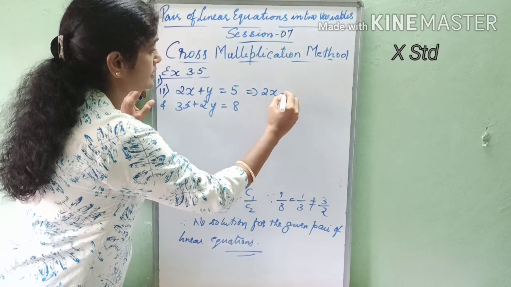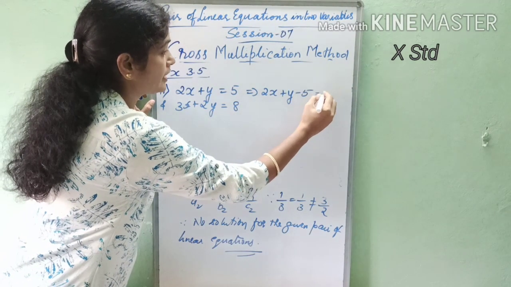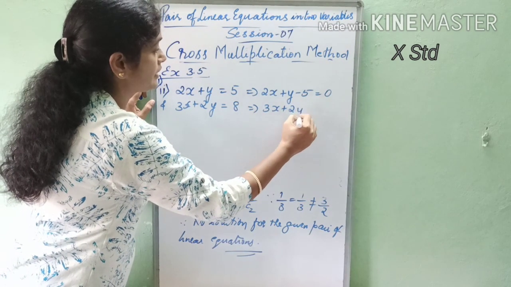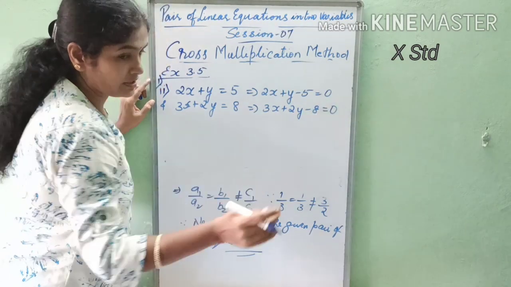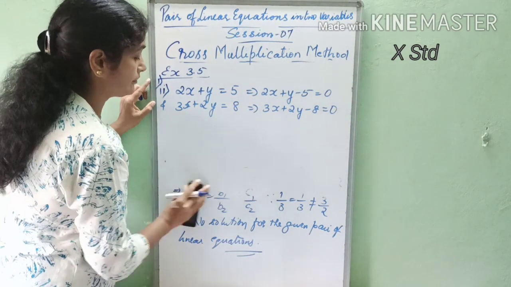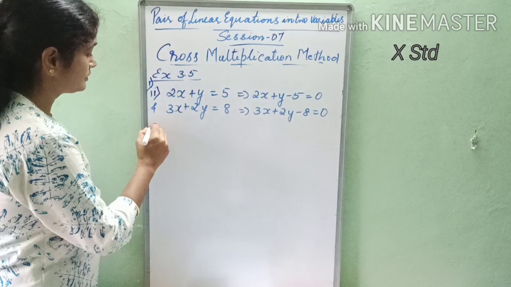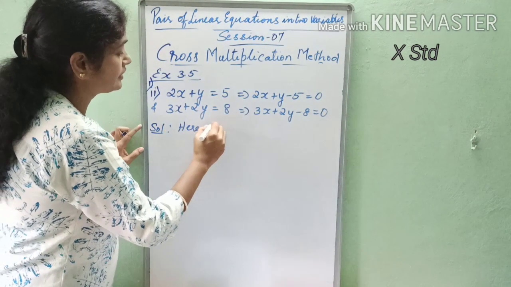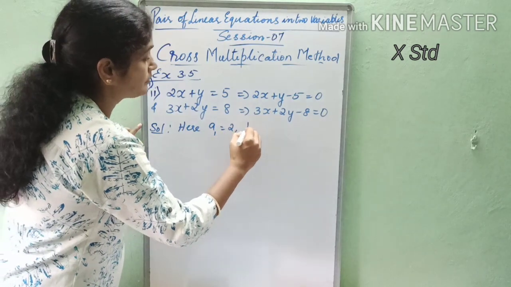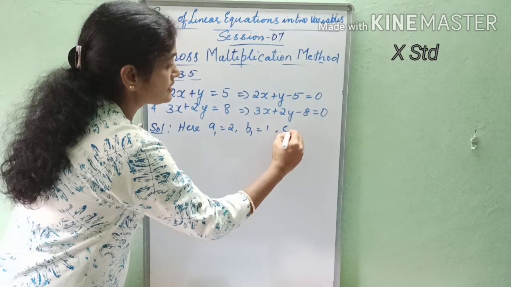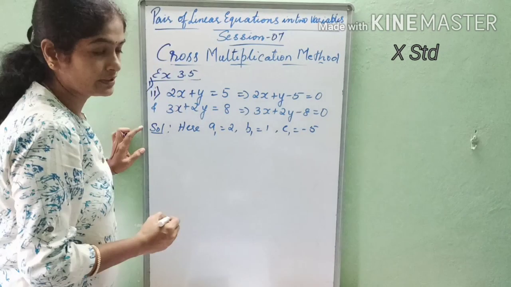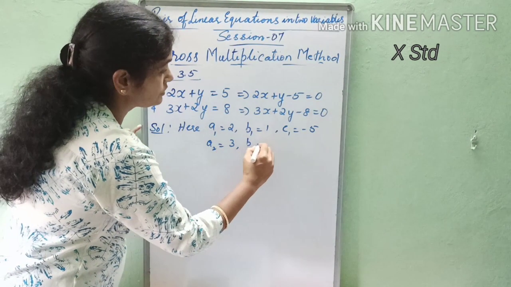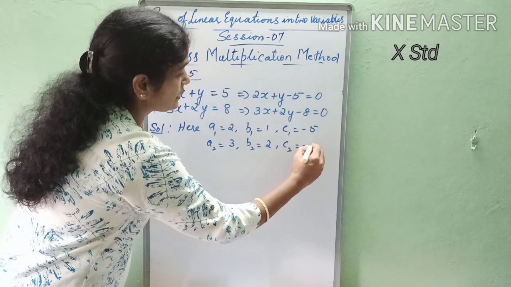So 2x plus y minus 5 equal to 0, and another 3x plus 2y minus 8 equal to 0. Then we will see here a1 is 2, b1 is 1, c1 is minus 5, and a2 is 3, b2 is 2, c2 is minus 8.